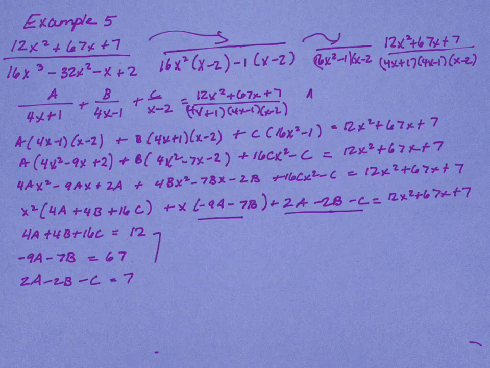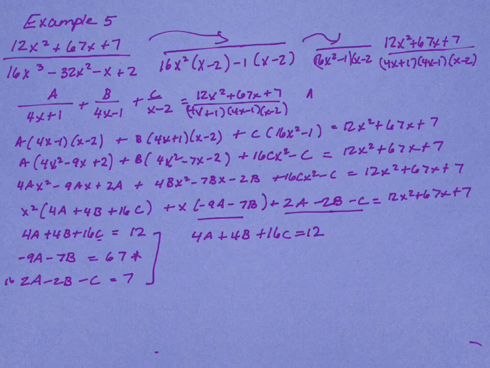So I'm going to do the same thing as last time. I'm going to use these two to get rid of C, and then I can use that one. Okay, so I am going to look at these two. I have a 4A and a 2A. I need to get rid of the C, so I think I need to multiply this by 16. So I'm going to rewrite this. 4A plus 4B, the top one, plus 16C equals 12. And multiply the bottom one by 16.